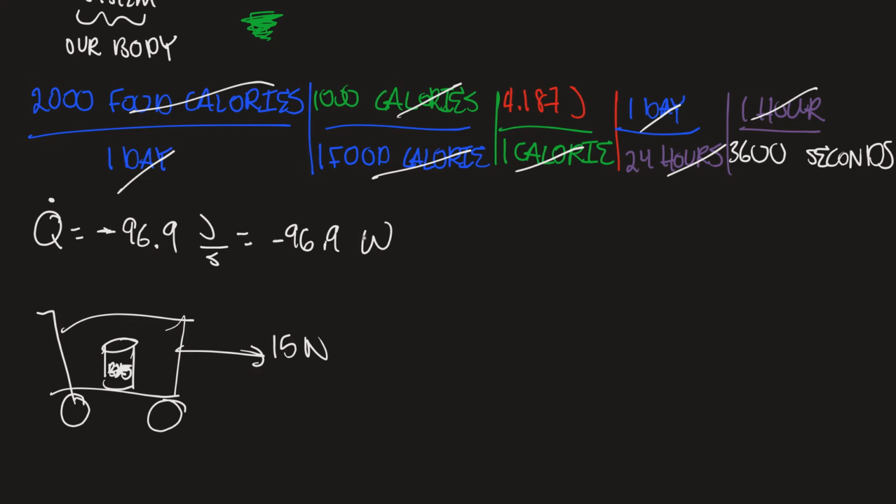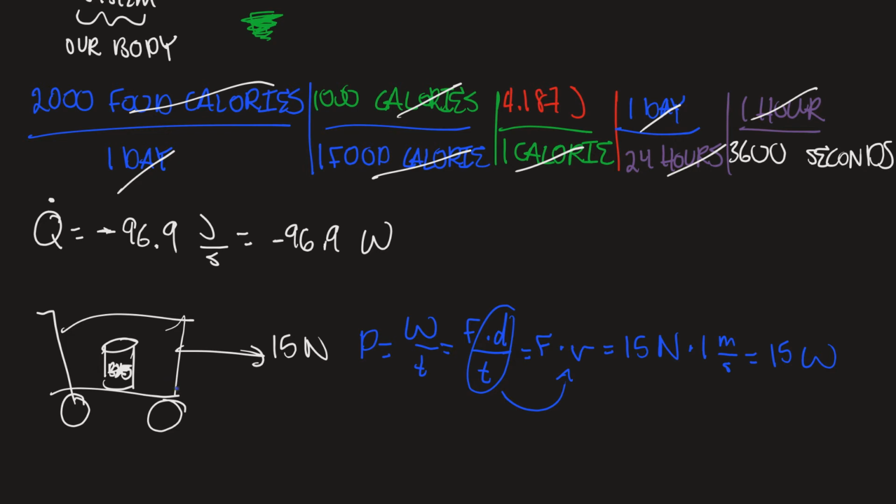If we also want watts, we'll actually go ahead and determine power, which is just that work over time. So the power is the work over time, and work is equal to just that force times distance over time, and this is just equal to force times the velocity, because distance over time gets us to velocity, and we have that 15 newtons, and let's just say we're traveling at 1 meters per second, so times 1 meters per second, and this gets us 15 watts.